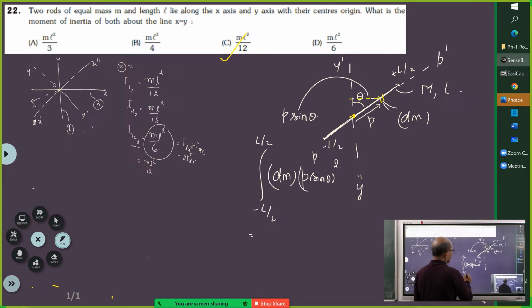So dm will be what? The total mass is M, the length is L, so you will get dm as M by L into dp.